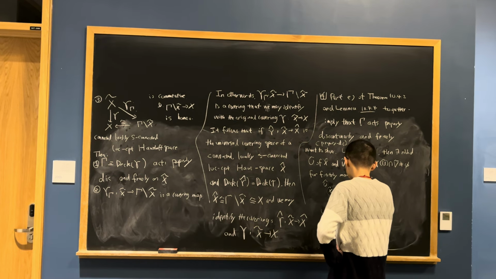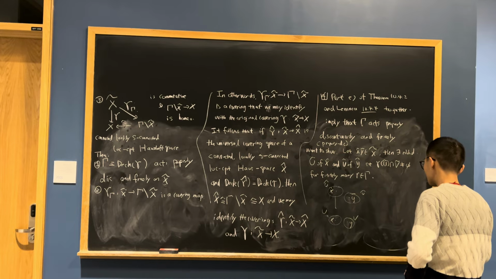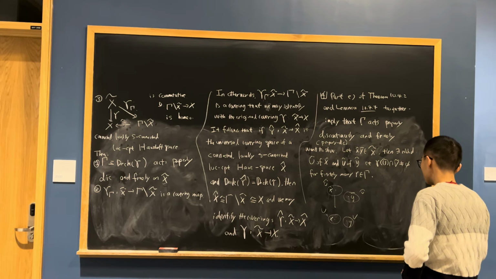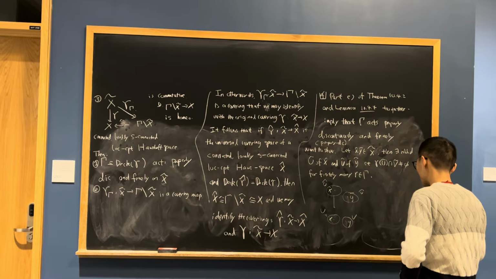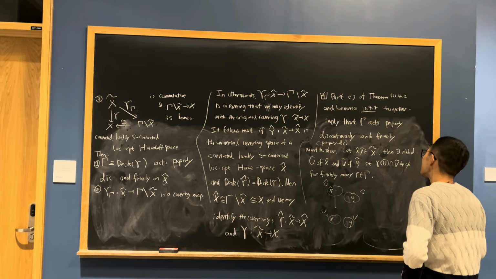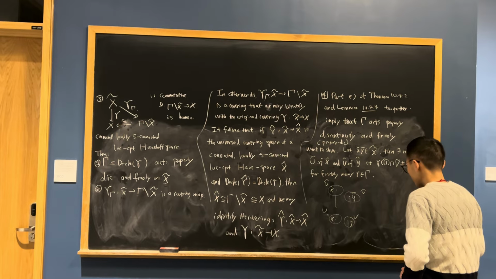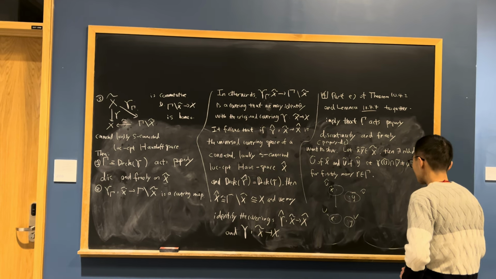The pre-image must be disjoint, right? Otherwise, if they intersect on the top, then it will be intersecting.